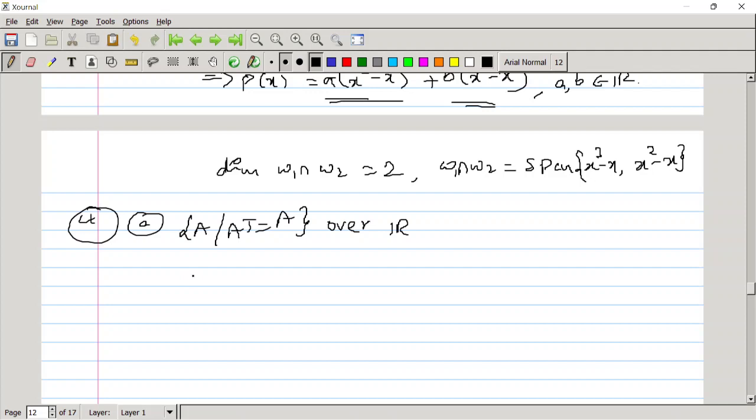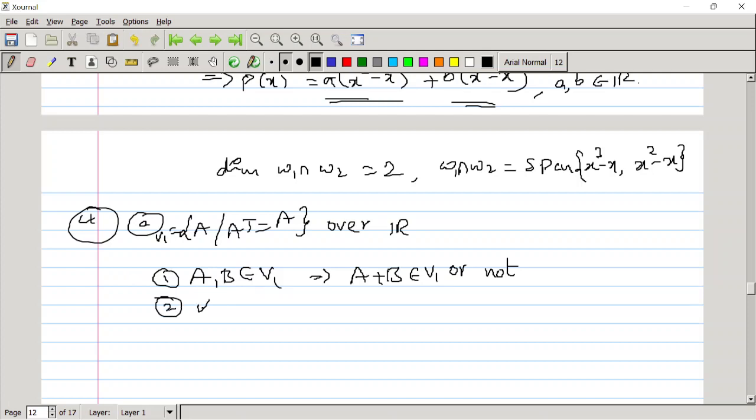Let me call this set V1 so that we can use that notation. We take two elements in V1, and we have to check that A plus B belongs to V1 or not. This is the first property.